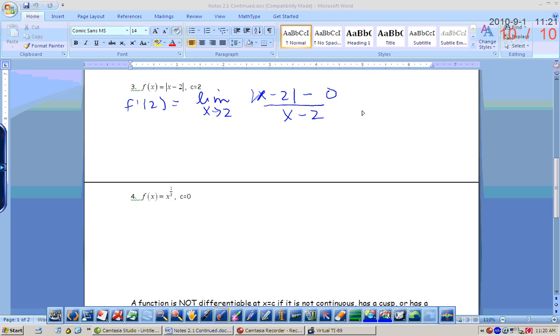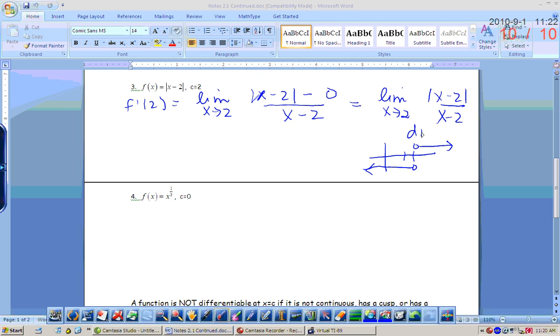Now, does this limit, have I asked you to find this limit before or something very similar? Yes. It doesn't exist, right? So that graph of absolute value of x minus 2 over x minus 2 looks like this. So the limit, once again, does not exist.